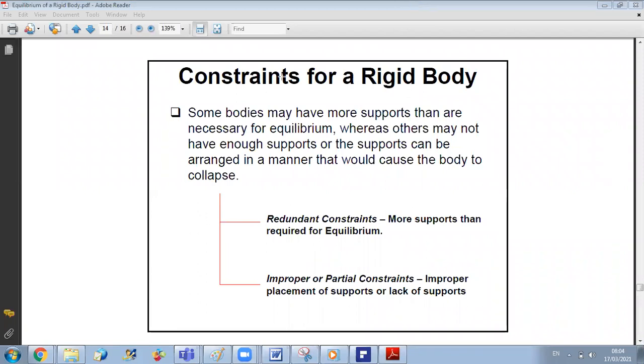So for example, if you consider the following beam subjected to the action, let's say, here you have a roller and here you have a roller. Can this beam sustain any type of loading while being in equilibrium?